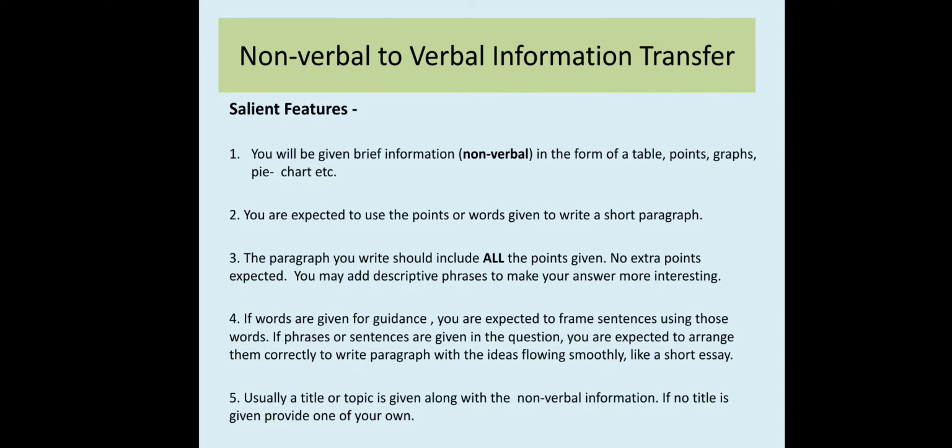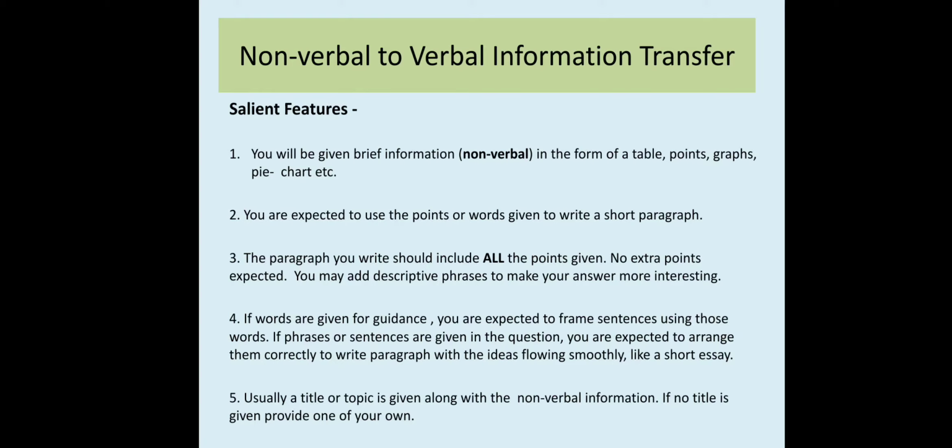In that points, whatever words or phrases are used for guidance, all that you should include in your sentences. Make your sentences using that words or phrases. If phrases or sentences are given in the question, you are expected to arrange them correctly so that the flow of the ideas will go smooth. Like a short essay. As you know, you are writing a short essay in which the ideas are flowing smoothly.